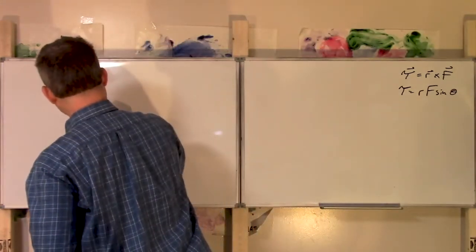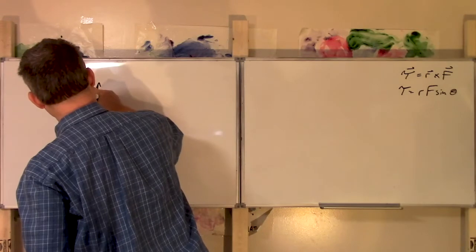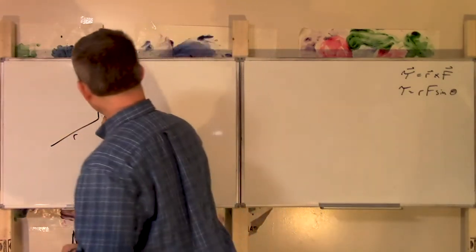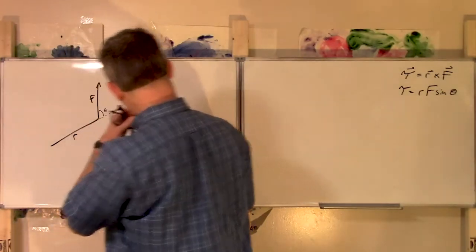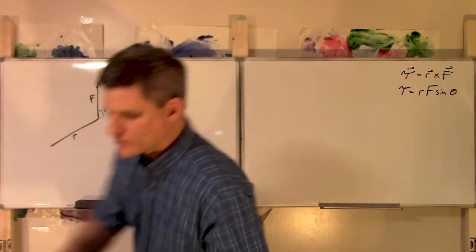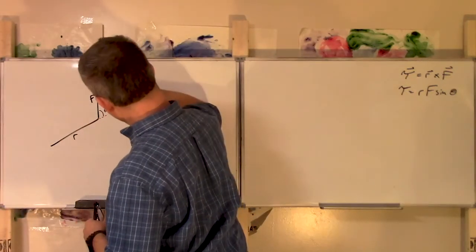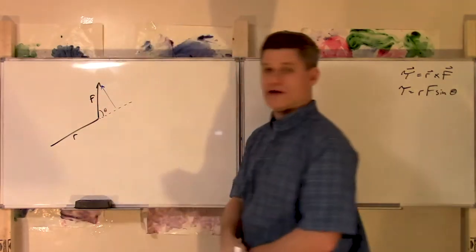If you look at an R and an F, there's some angle between the R and the F. If you look at the components of F, there's a component parallel to that line and a component perpendicular to that line, which is the one I want to point out.